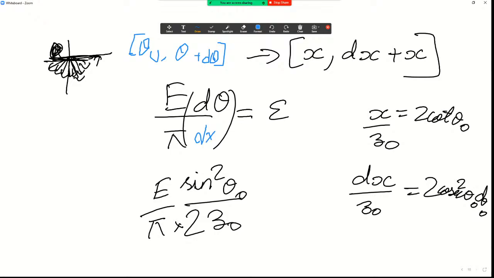But I don't think this is worth 1.5 points. Yeah, me neither. Okay, we have to find the function of x, so we have to plug back sine square theta in terms of this. But still, I don't think it is worth 1.5 points. I guess because they want us to sketch it.